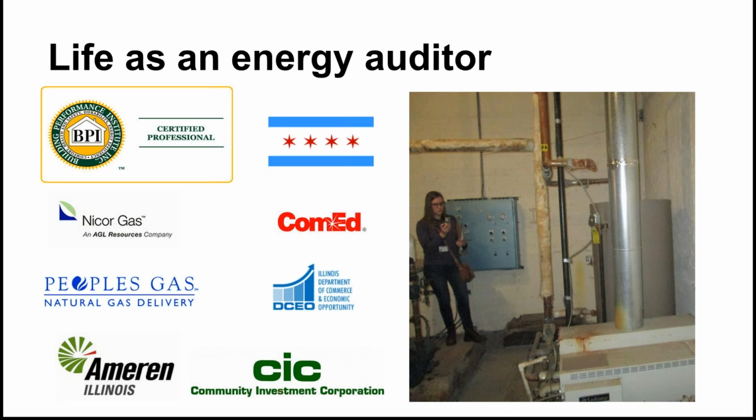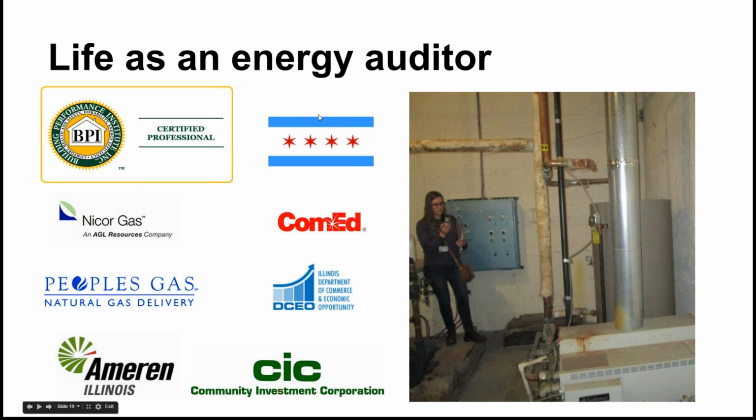From there, building owners are usually pretty skeptical. They'll worry that it's really expensive, that they don't have the money to do it. And so I've highlighted a lot of ways that we can help them address that. The City of Chicago has programs for saving energy.